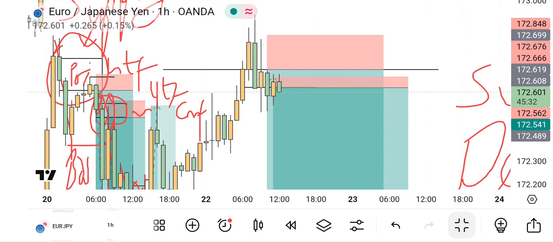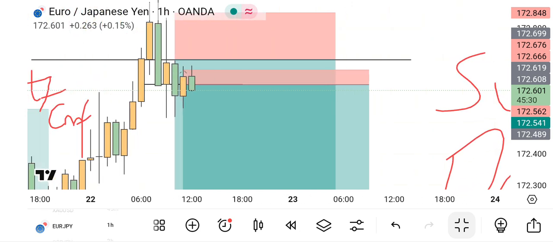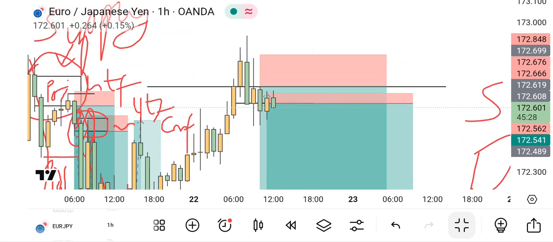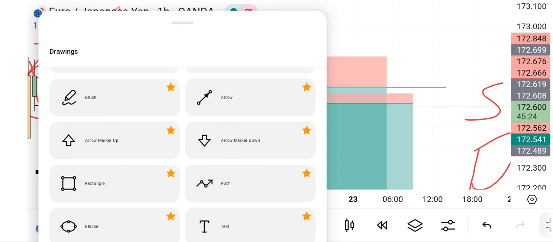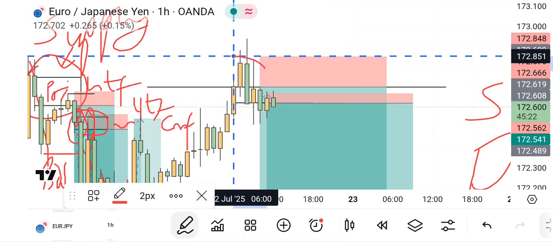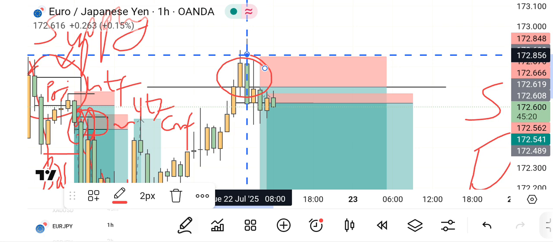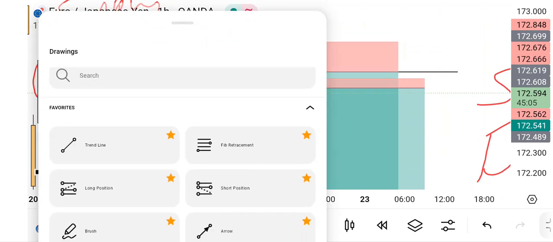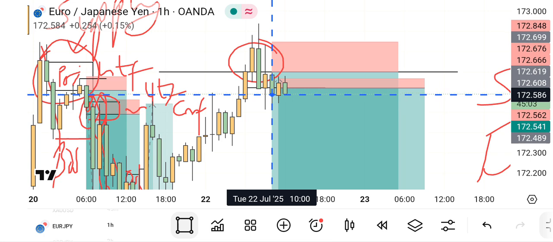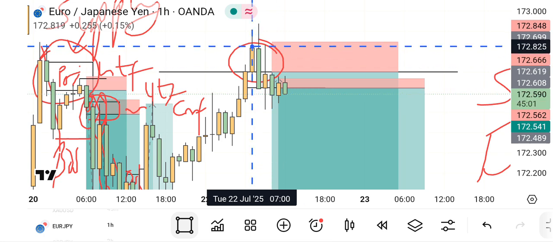Yes. The same thing here. You see, this is a supply zone. We have a supply zone here, which is this. We have a supply zone around this zone, which is this. We have this here.